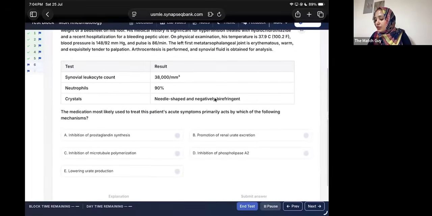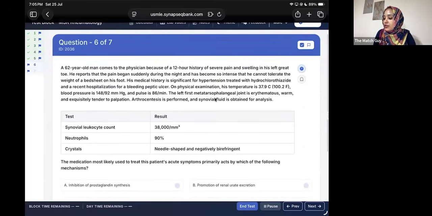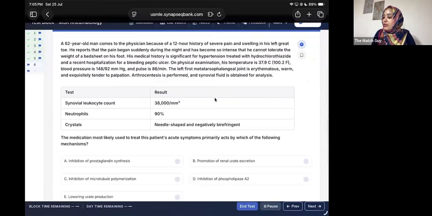Okay, let's see this question. The medication most likely used to treat this patient's acute symptoms primarily acts by which of the following mechanisms? A 62-year-old came in because of a 12-hour history of severe pain and swelling in the left great toe. The pain began suddenly during the night and has become so intense that he cannot tolerate the weight of a bed sheet on his foot. History is significant for hypertension, treated with hydrochlorothiazide, and a recent hospitalization for a bleeding peptic ulcer.